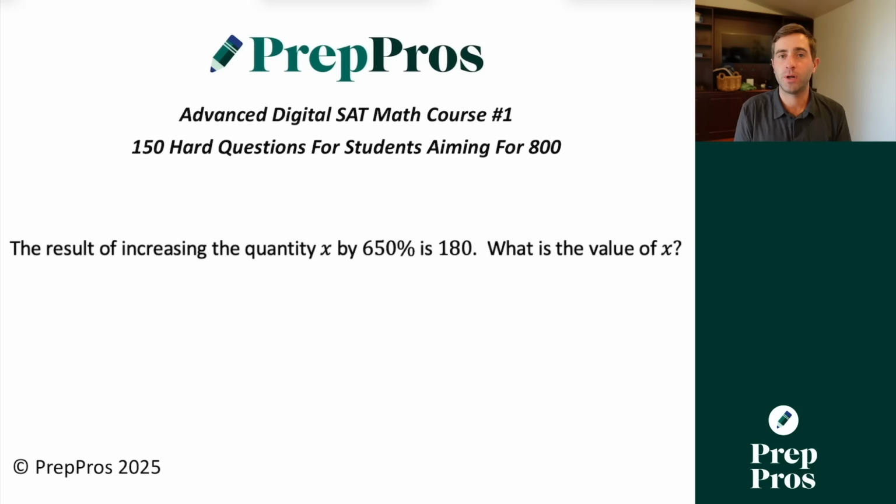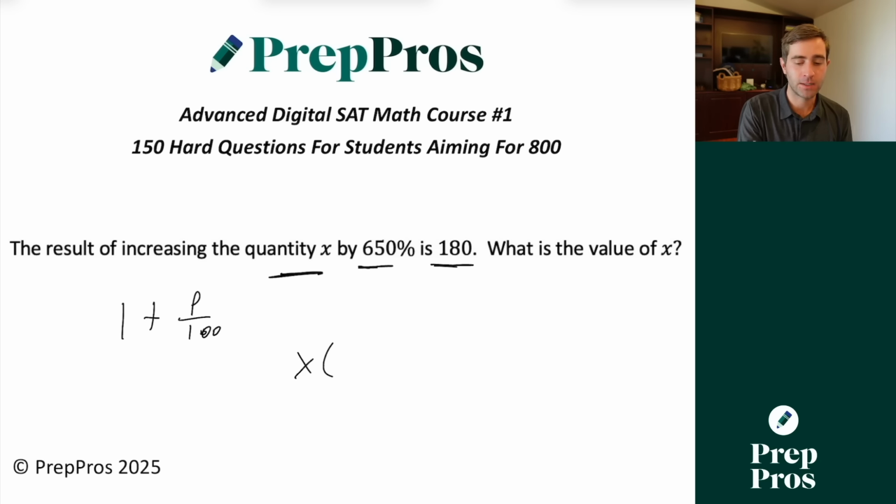Now, the really important conceptual piece you want to think about for percent increase or decrease is you can express it as 1 plus or minus P over 100. So in this case, it's going to be 1 plus P over 100 because we're doing an increase. So all we have to do is we're saying the result of increasing X by 650% is 180. So we can simply write this as X times 1 plus 650 over 100 is equal to 180.